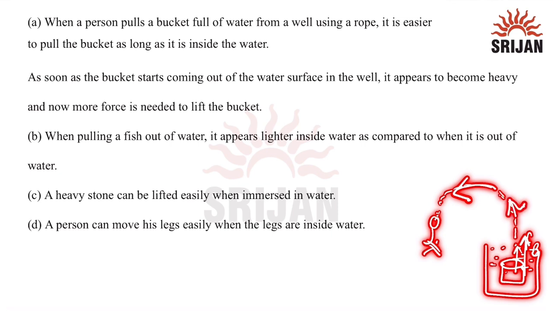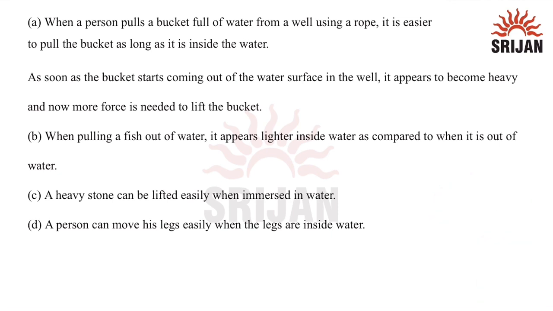So he feels that the bucket is light when it is immersed in water. As soon as the bucket starts coming out of the water surface in the well, it appears to become heavy, and now more force is needed to lift the bucket.